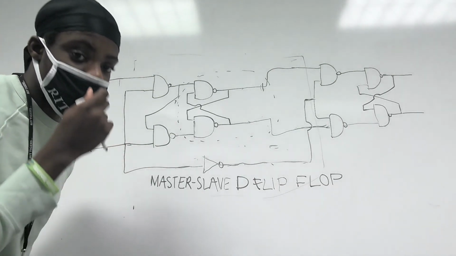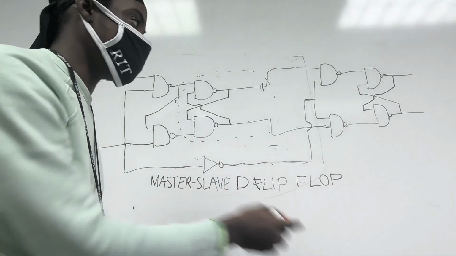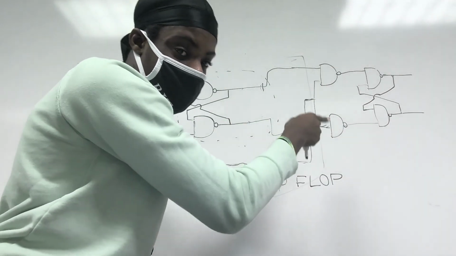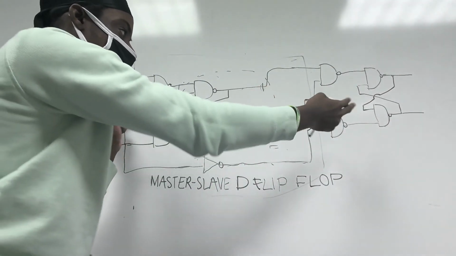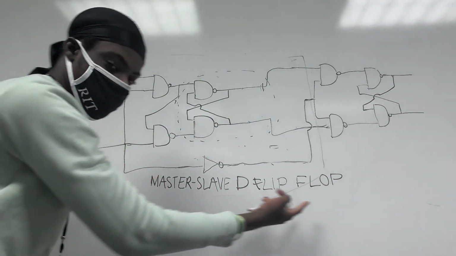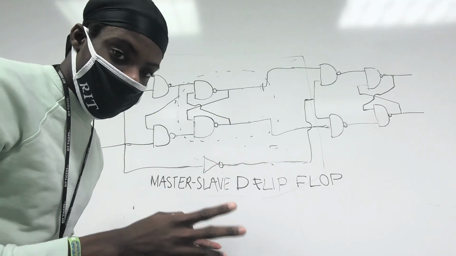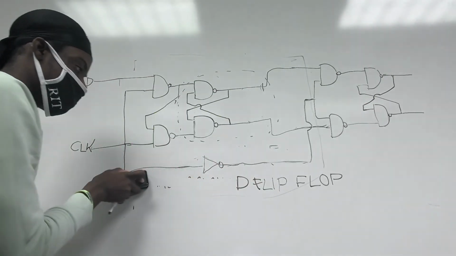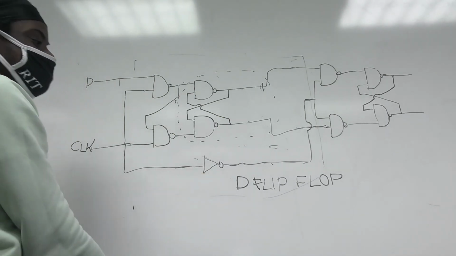It is, but do not be mistaken that this on its own is a flip-flop. That is a latch. This is a latch. The joining of two latches in this way makes a master-slave D flip-flop, or simply called a D flip-flop. For sake of this class, I call it a D flip-flop.